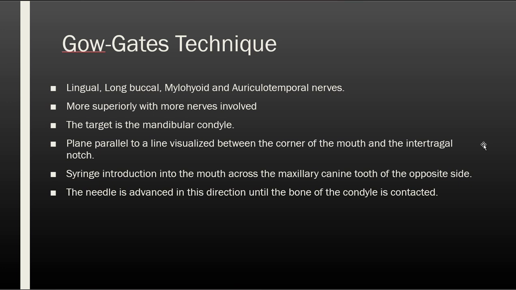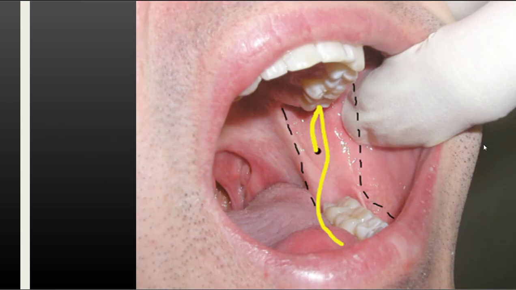I'm sorry, we need to contact the condyle. I made a mistake between this one and the Akinosi technique. So here we need to touch the condyle bone and then we go back a little bit and give. We go across the canine tooth of the opposite side. So that's how we give it to the above surface.